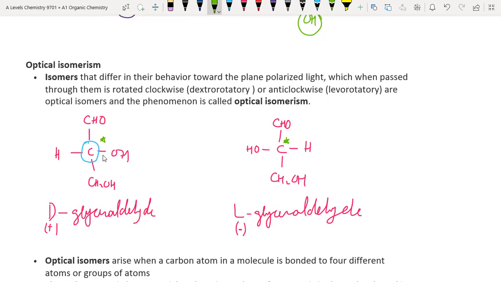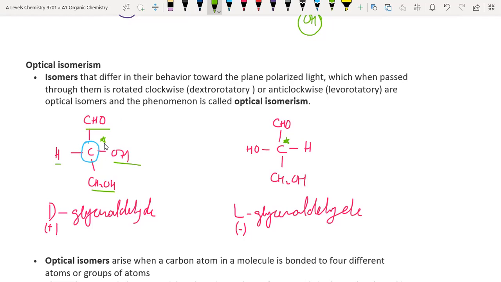Like in this compound, this carbon is attached to four different groups. This is hydrogen, this is CH2OH, this is OH, and this is CHO. All the four groups are different. So such a carbon that is bonded to four different groups is called chiral carbon.